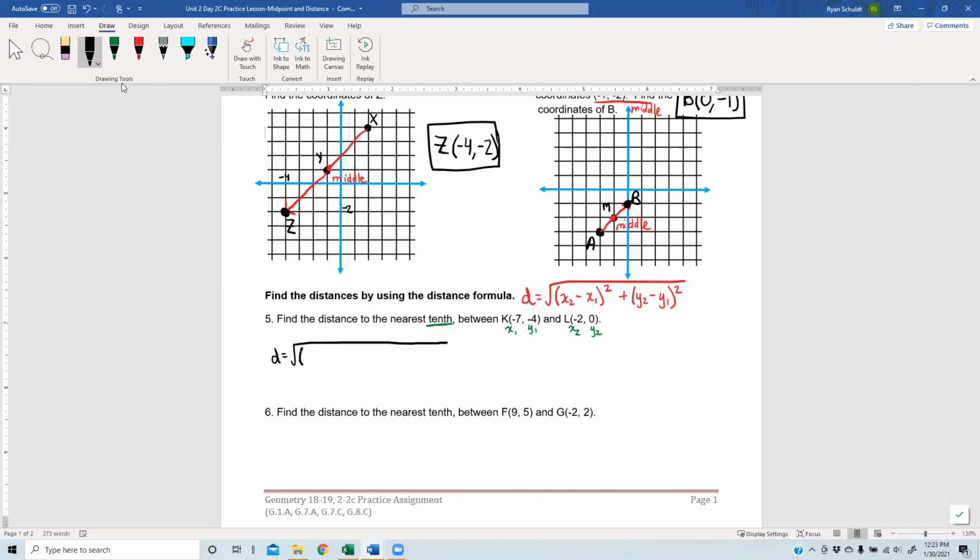If I look at what I labeled, -2 is x2. So plug it in there. Minus x1. x1 is -7, squared, plus y2. y2 is 0, minus y1, which is -4, squared.